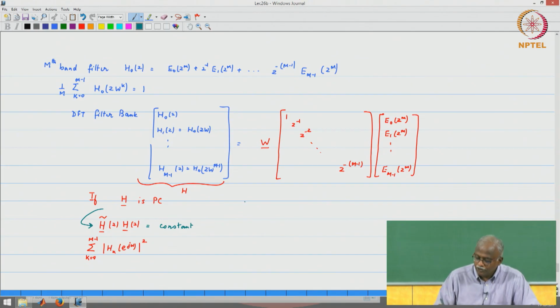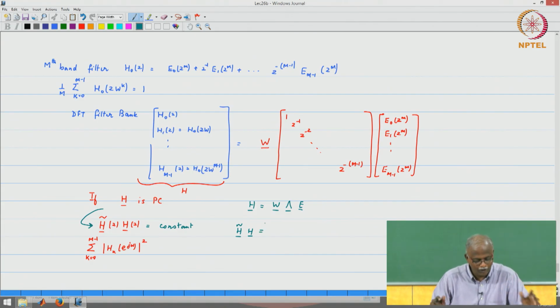If you just substitute the fact that h can be written as W times delta, which is the diagonal of powers of z, times the vector e. Now, h tilde times h, I am just dropping the z's for now, can be written as e tilde, delta tilde, W tilde, W, delta, e.